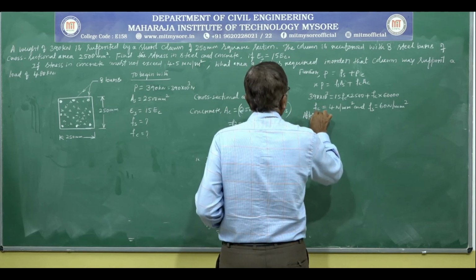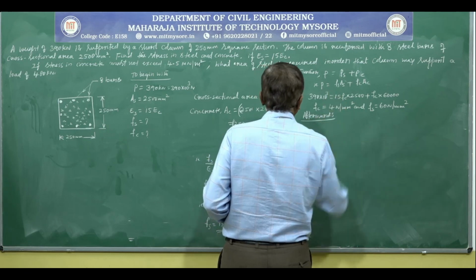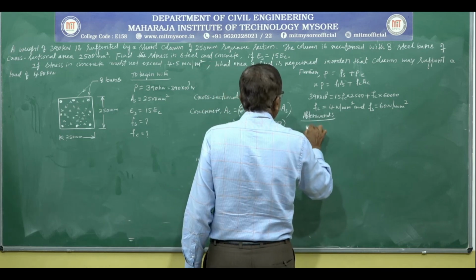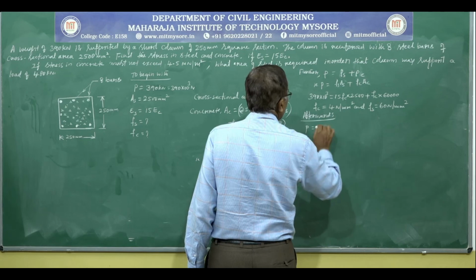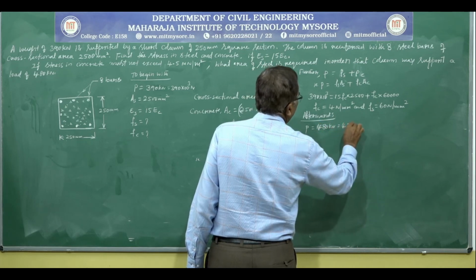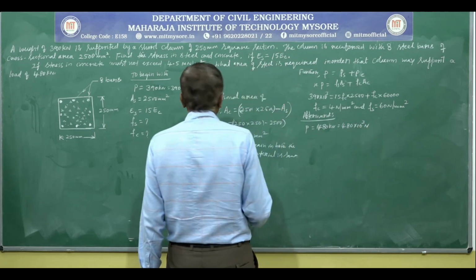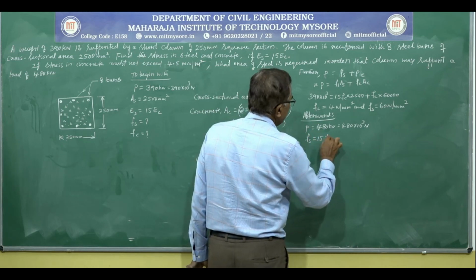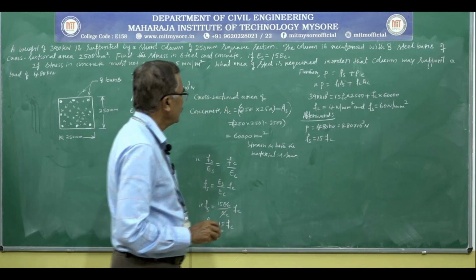Afterwards, when the load is increased, P is equal to 480 kilonewton, that is equal to 480 into 10 power 3 Newton. Then Fs is equal to 15 times of Fc because of the same cross sectional area of the column.